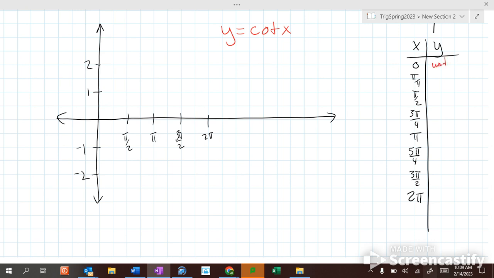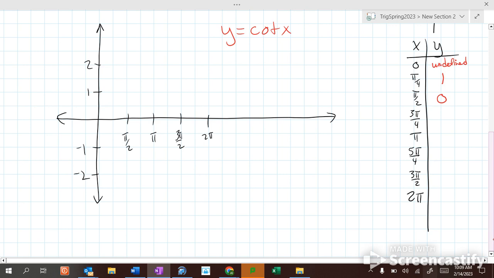Undefined. Because it's 1 over 0. What's the cotangent at pi over 4? 1. What's cotangent at pi over 2? 0, because it's x over y. 0 over 1 is 0.